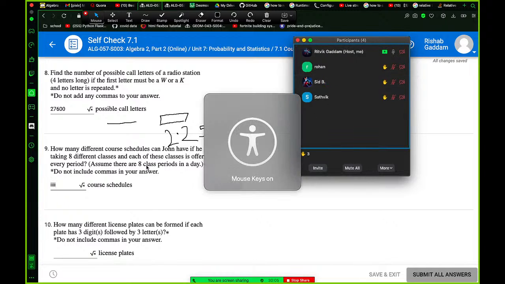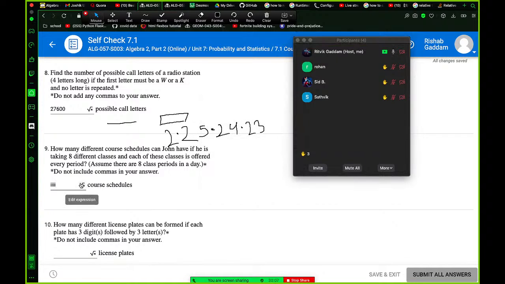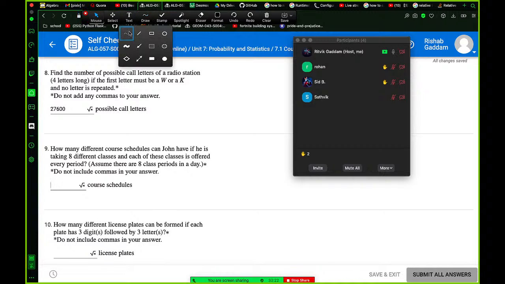So how many different course schedules can John have if he is taking 8 classes and each of these classes is offered every period? Assume that there are 8 class periods a day. If you want to do this one, then raise your hand in the participants list.